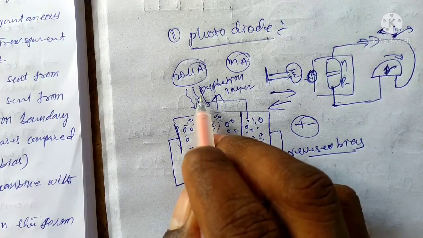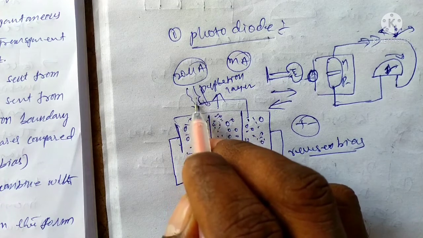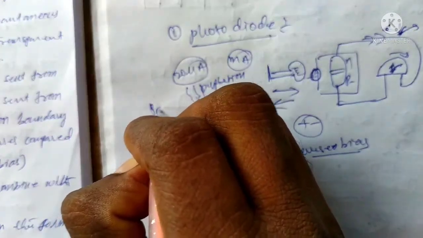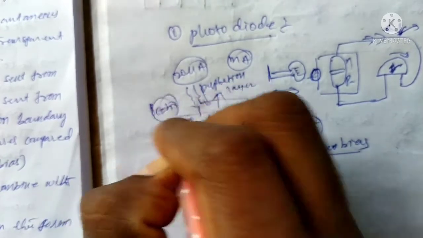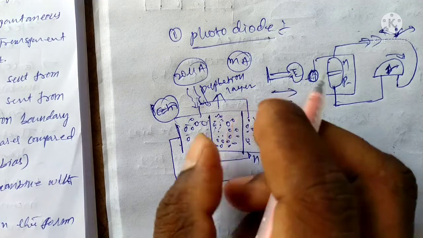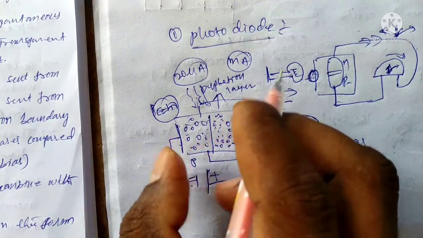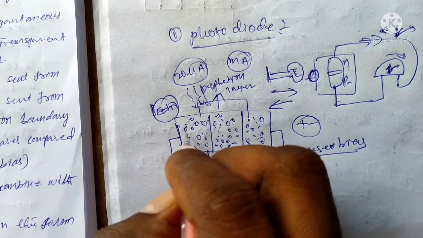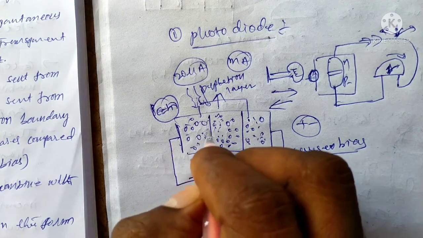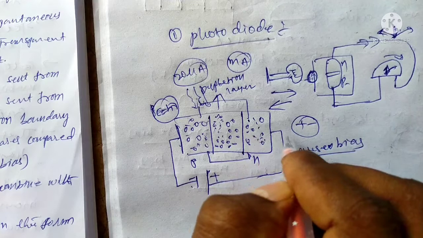When incident light having photon energy equal to h nu falls on the depletion layer, the electrons become free and absorb the energy. Electrons move towards the n side and holes move towards the p side.